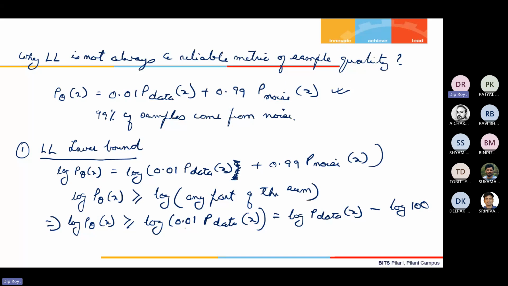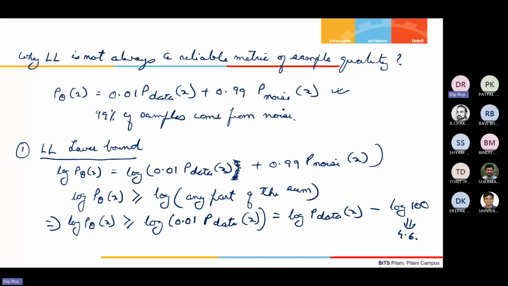So it becomes log of p data x plus log of 0.01. Now 0.01 I can write as log of 1 by 100, and if I flip the sign, it becomes minus log of 100.